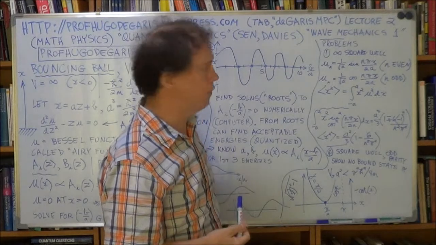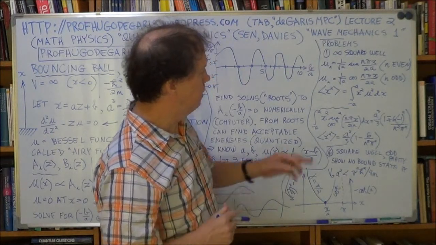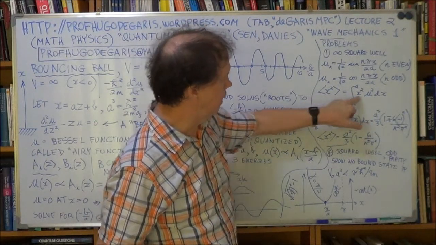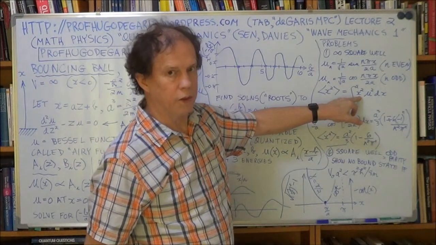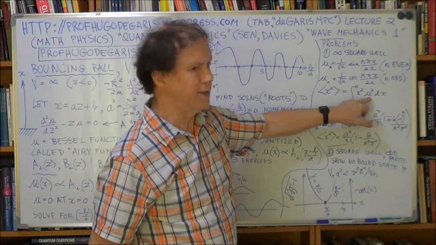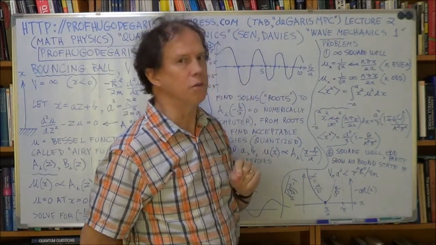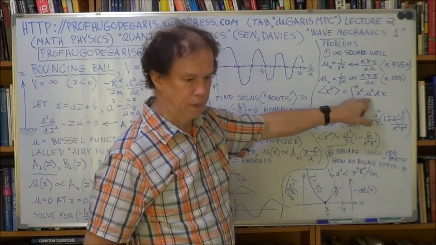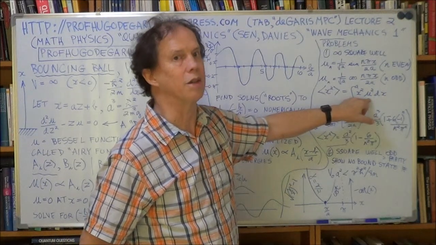I hope you've done enough statistics. So to find the average value of some quantity, you integrate that quantity by the probability density. Now, if that's totally new to you and you haven't a clue what I'm talking about, I suggest you have a look at some undergrad statistics, maybe even a fresher level.